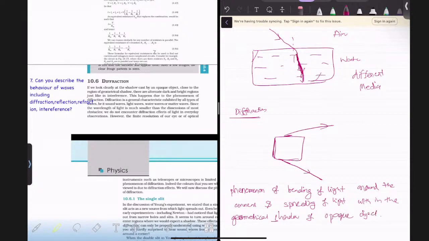Okay, so diffraction मतलब किसी भी ऑब्जेक्ट को अगर देखो, उसके कॉर्नर पे अगर आप नोटिस करोगे, तो लाइट विल बी डेविएटिंग फ्रॉम इट्स पाथ. दैट इज नोन एज डिफ्रैक्शन.